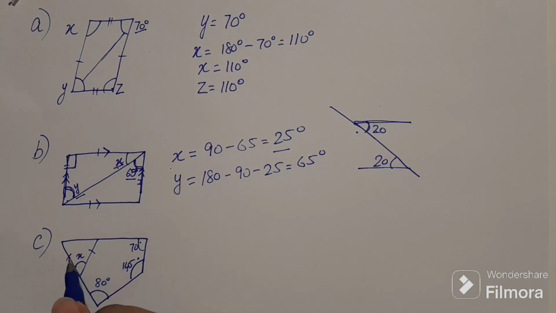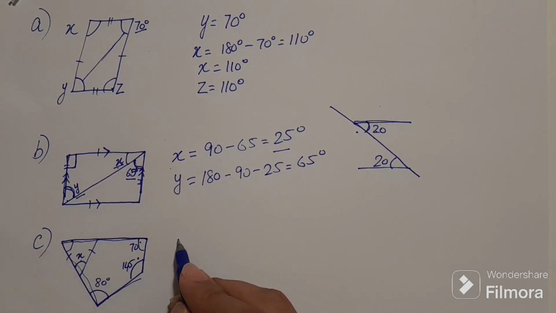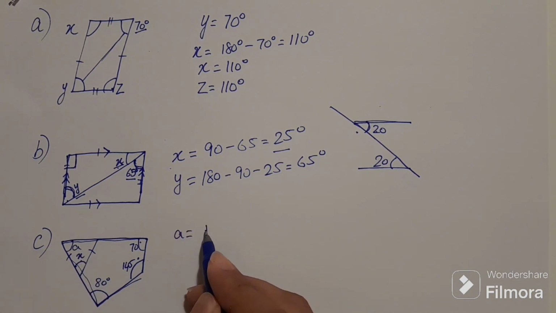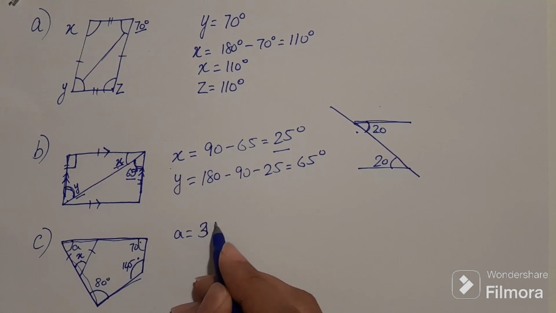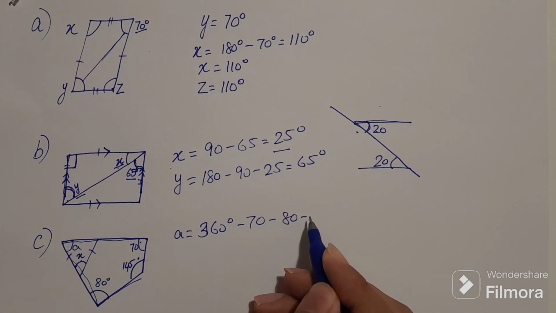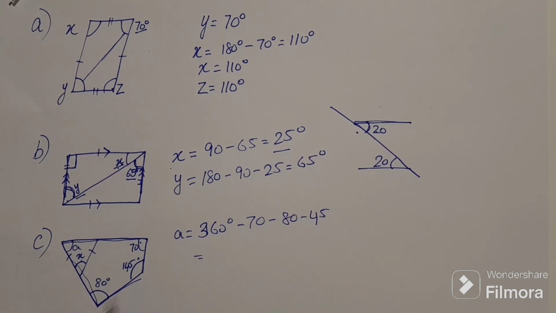Part C states that we have to calculate the value of x. First we calculate the angle for this whole object. So we have 3 angles and the third angle is this one. Here we will write A, for example. A is equal to, the total angle is 360. So 360 minus 70 minus 80 minus 45, and that is 65.